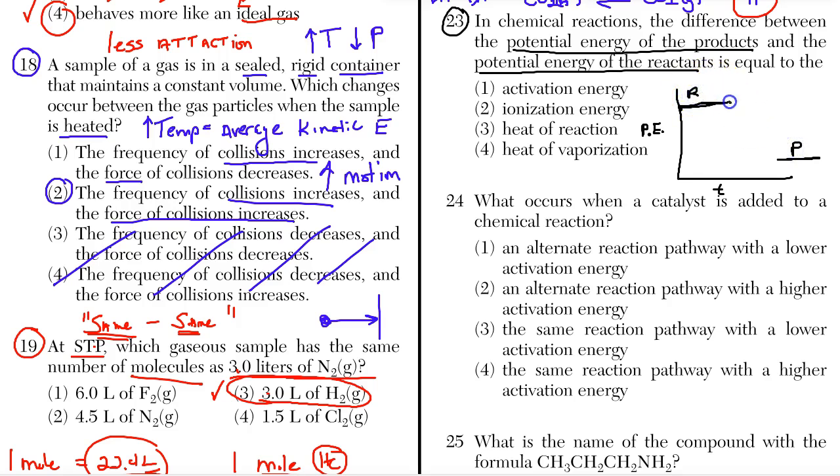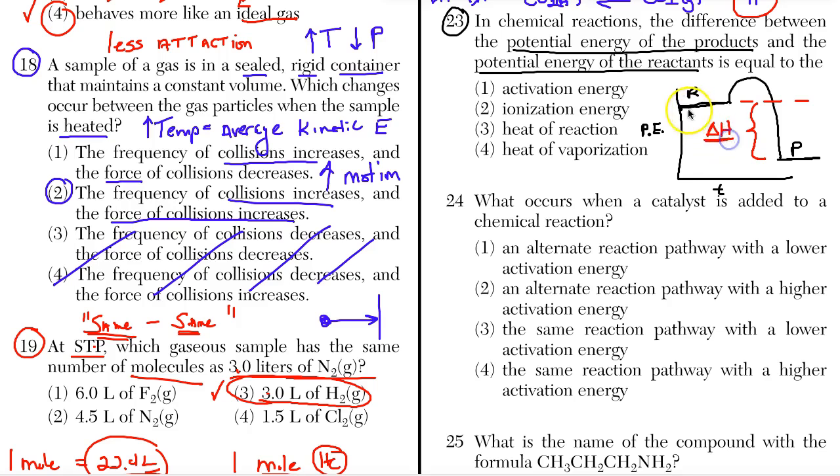And the reaction pathway looks something like this. And so what is delta H? Delta H is the difference of where you start and where you finish. So this difference here is the heat of reaction. And that's the difference they're looking for.